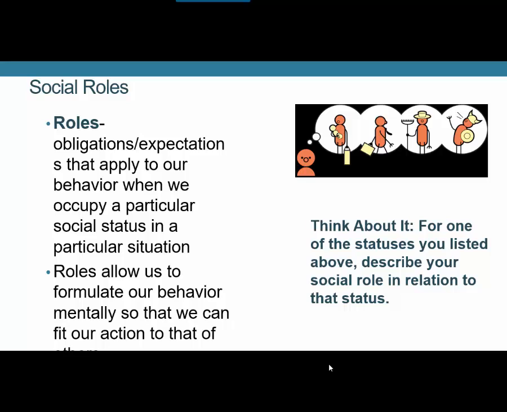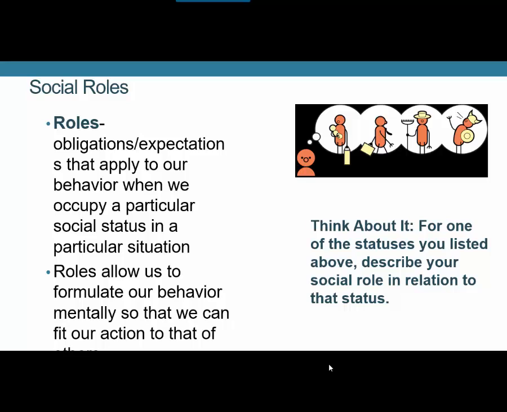And if this sounds a lot like norms, you are right. Social roles are related to norms, expected standards of behavior. So all of your statuses do come with social roles, how people expect you to act, and in some cases, maybe even how you're obligated to act if you have a status such as parent or employee or student.